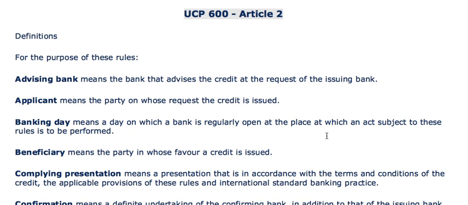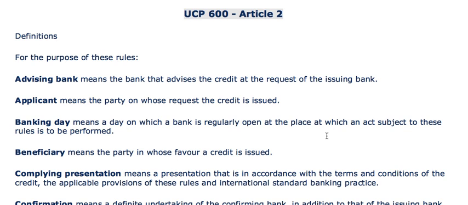The buyer goes to his bank: yes sir, I want one letter of credit with the following details. And that person is called applicant. Applicant means the party on whose request the credit is issued.